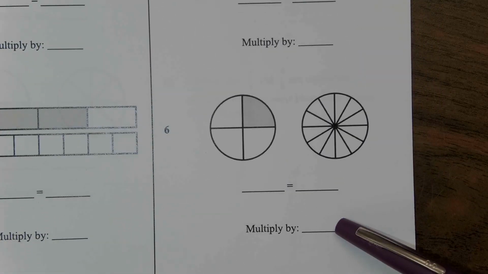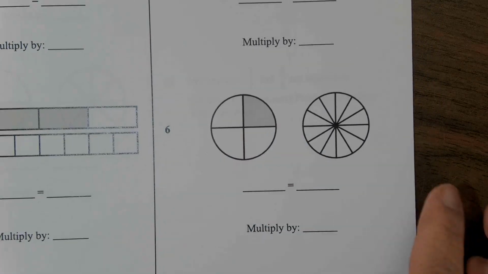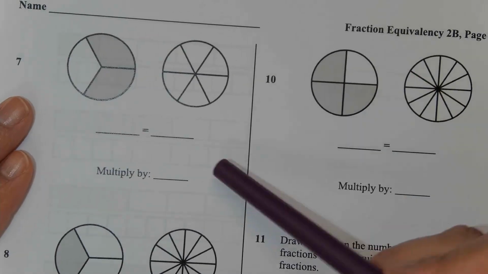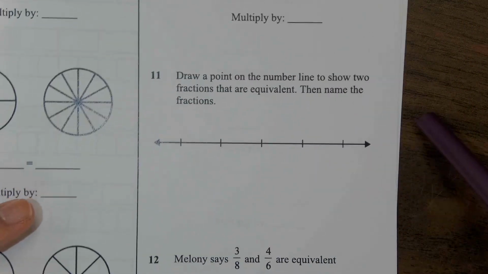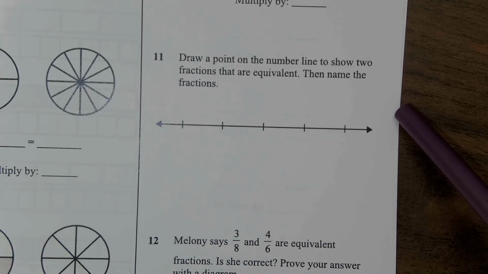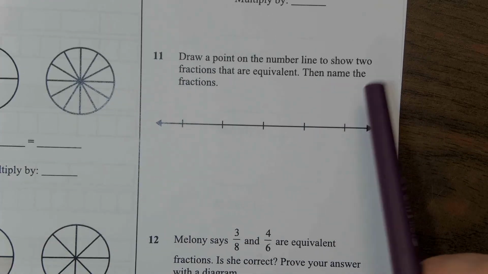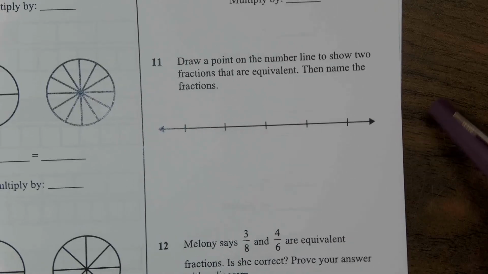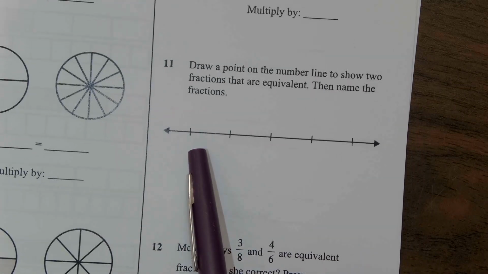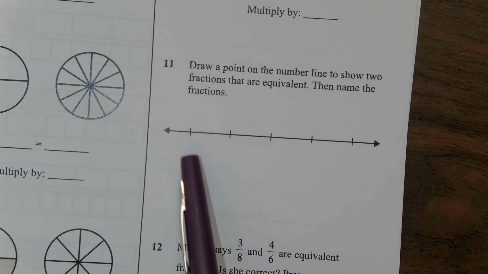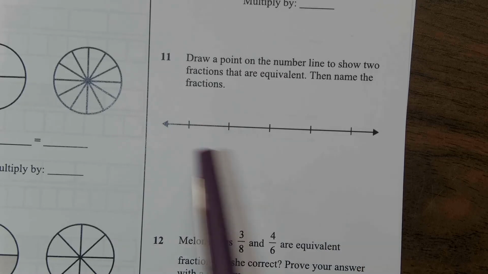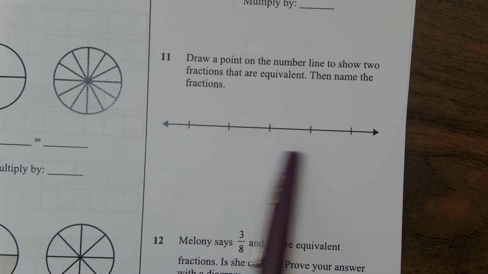Number 6, the same thing, except now it's with a circle fraction. You're going to do that for 7, 8, 9, and 10. On number 11, it says draw a point on the number line to show two fractions that are equivalent, then name the fraction. Okay, so on this one, you would label your fractions. This is 0, this is 1, and then you count and you label it as a fraction.